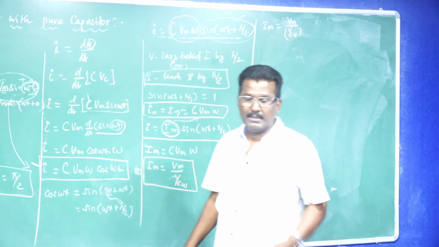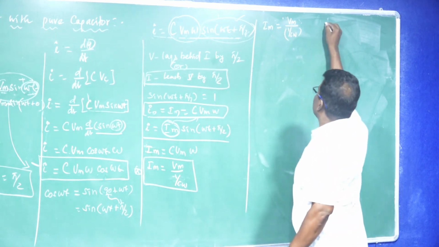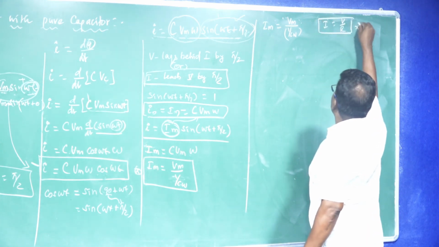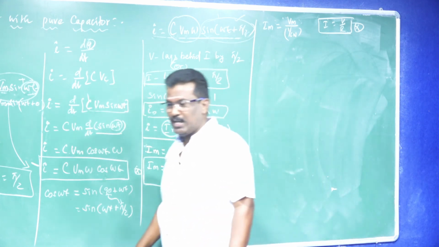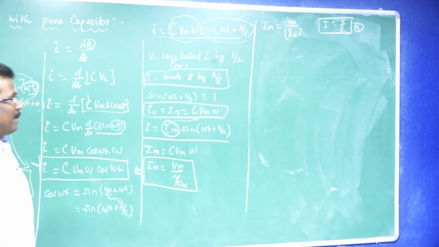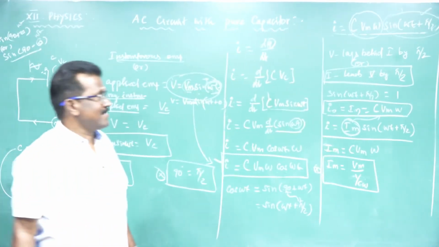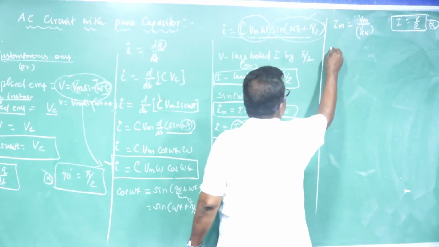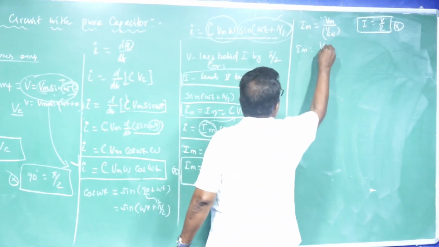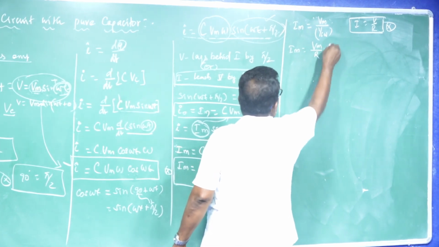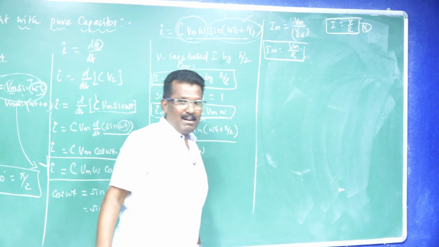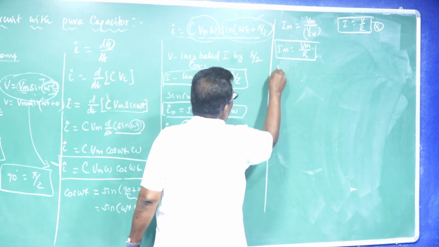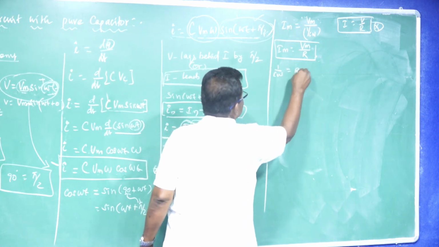From Ohm's law, current I is equal to V by R, where V represents voltage and R represents resistance. Comparing the format, Im is equal to Vm divided by R. What is R? Resistance. So 1 by C omega acts as a resistance.